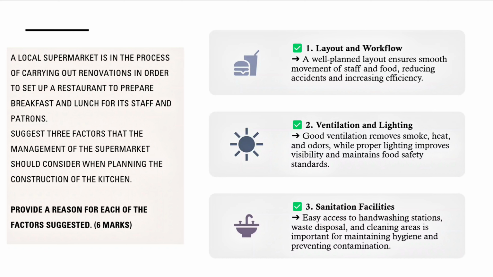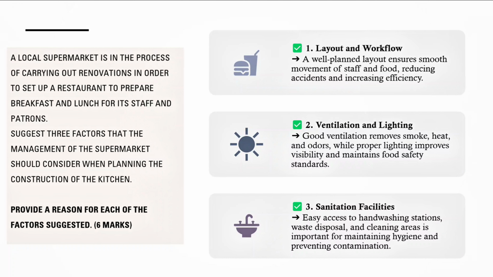First, we're looking at layout and workflow. A well-planned layout ensures smooth movement of staff and food, reducing accidents and increasing efficiency. 2, ventilation and lighting. Good ventilation removes smoke, heat, and odors, while proper lighting improves visibility and maintains food safety standards. And 3, sanitation facilities.